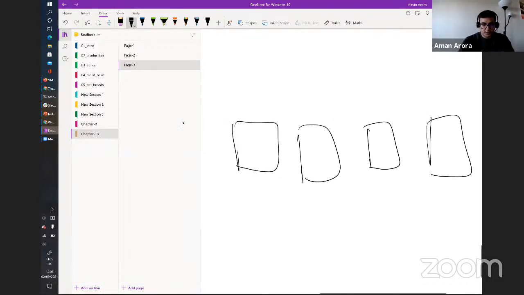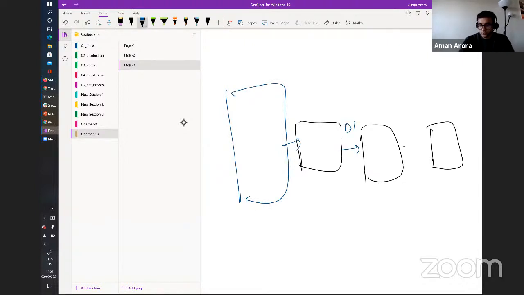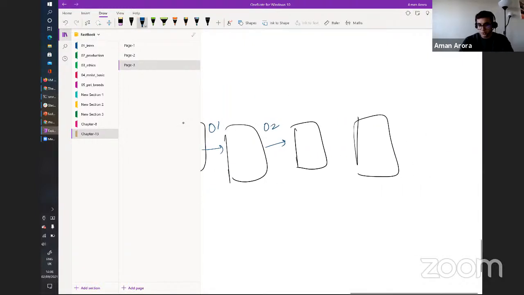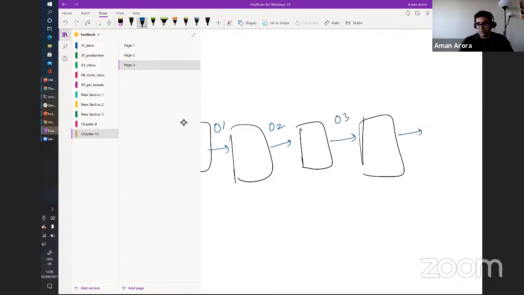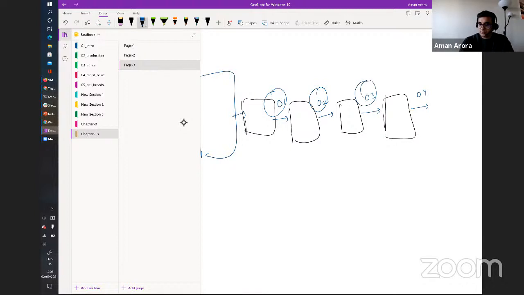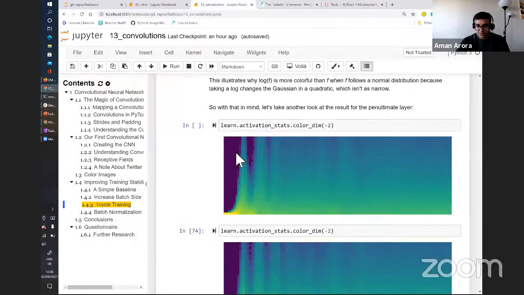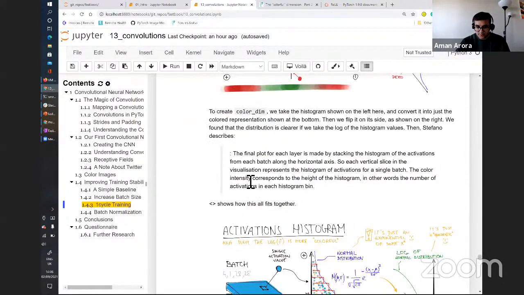You have your input over here, then you get some output, which I'm going to call O1, then some output O2, then O3, and then finally O4. So what you could do is plot the activation statistics, which we just plotted here, right?